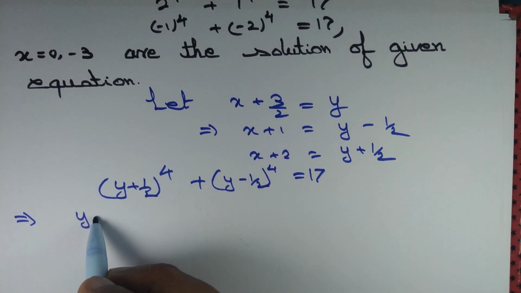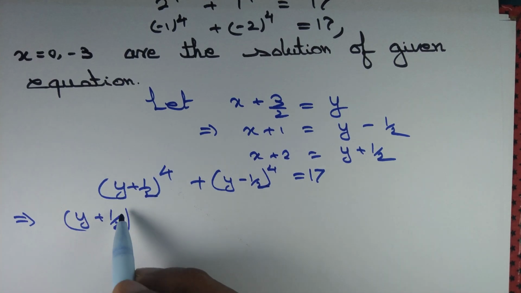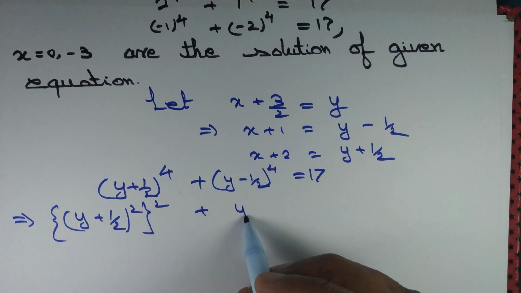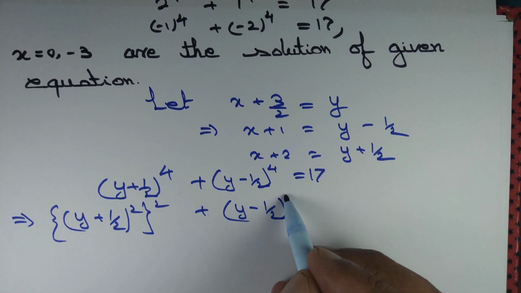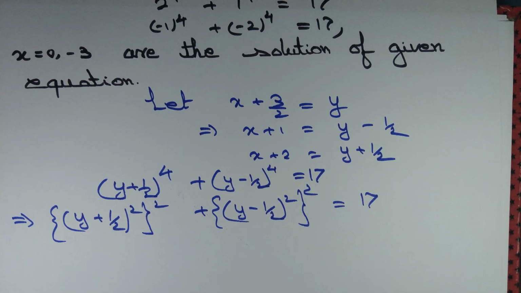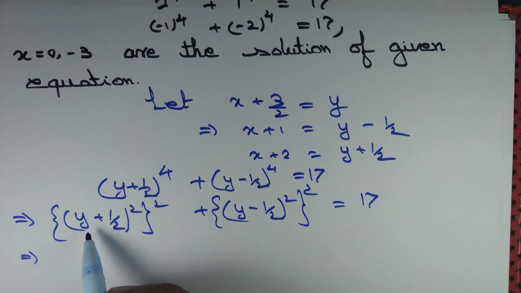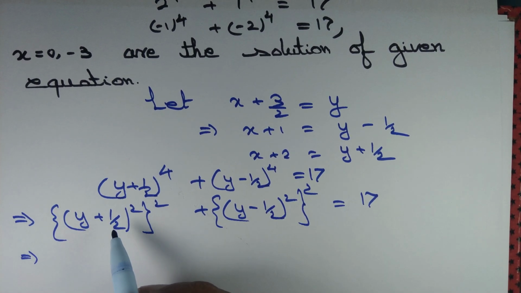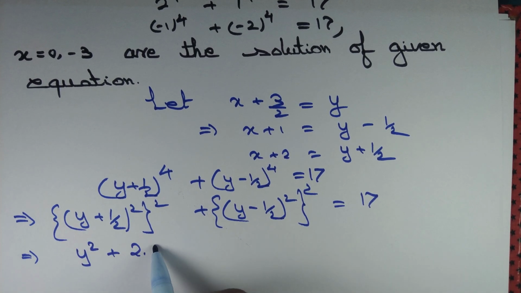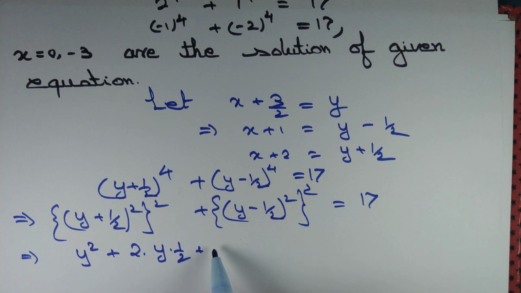Let's write this as ((y + 1/2)^2)^2, and the same here, ((y - 1/2)^2)^2. Remember, powers of power we can multiply, so 2 into 2 is 4. Now we know the formula (a + b)^2 = a^2 + 2ab + b^2. Here (1/2)^2 is 1/4.